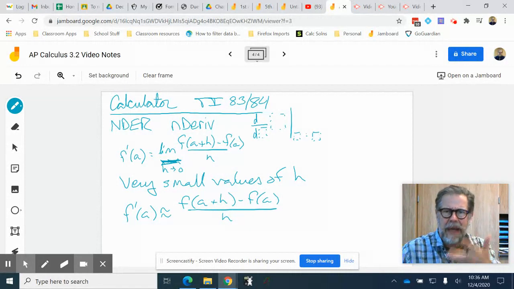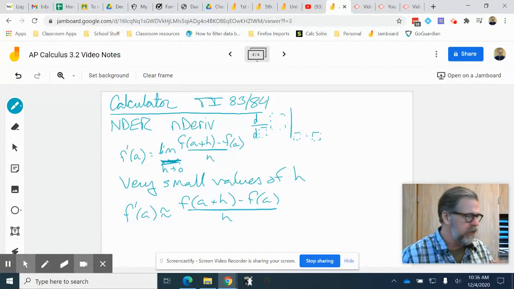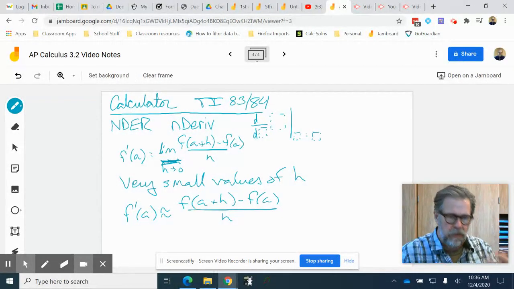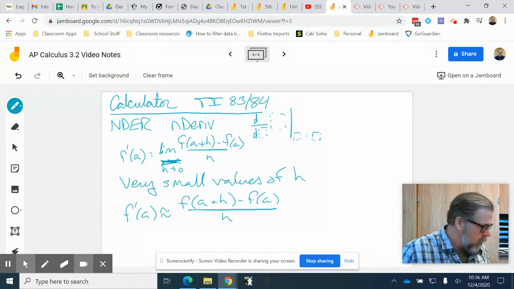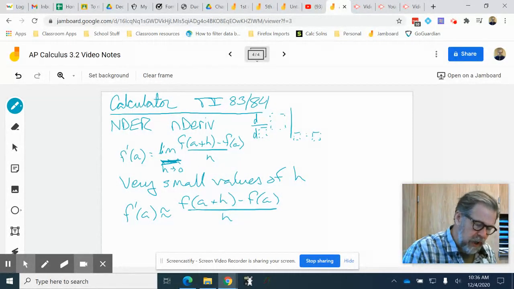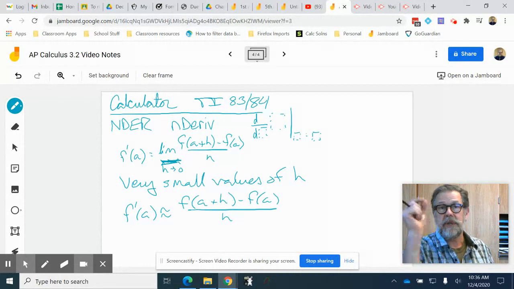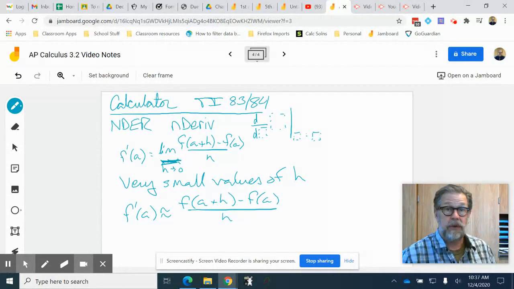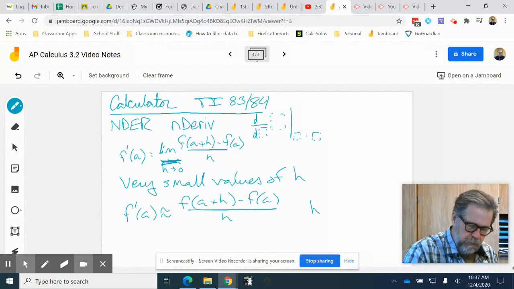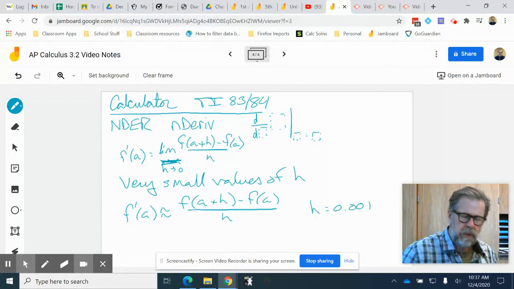We don't have to actually go to 0. We can go to 0.0001 and see, well, it seems pretty close. So we could just tell our calculator to do that. Just pick some small value of h and tell the calculator use 0.001, and say, oh, do that calculation.